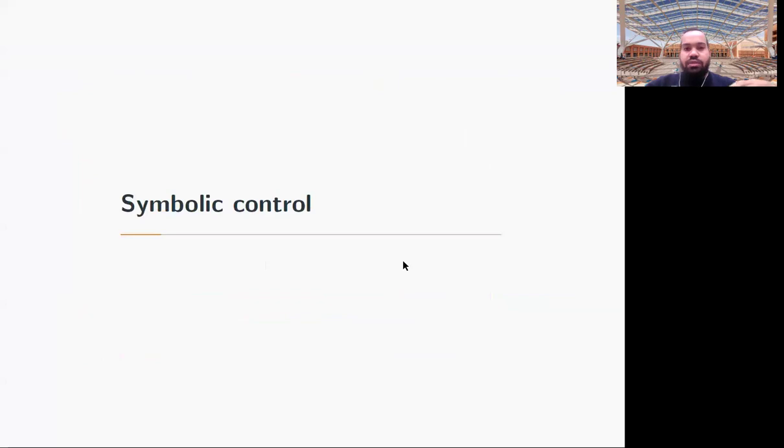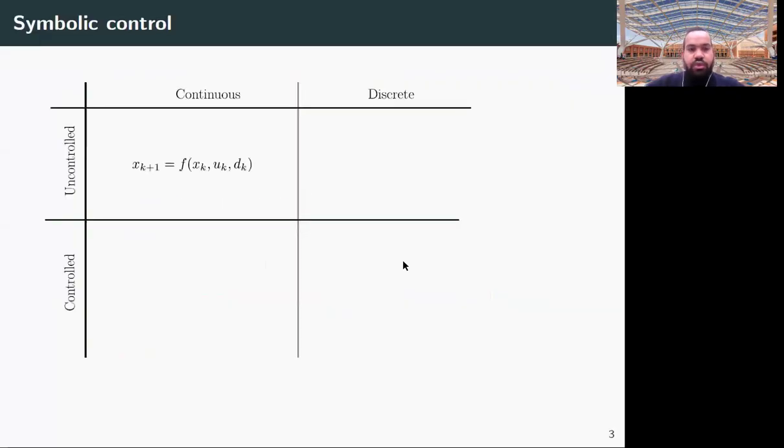To understand the main idea of the paper, I will first explain what symbolic control is. Here I will provide an overview of the steps needed to construct a symbolic controller. But first, let's consider this continuous discrete-time dynamical system.